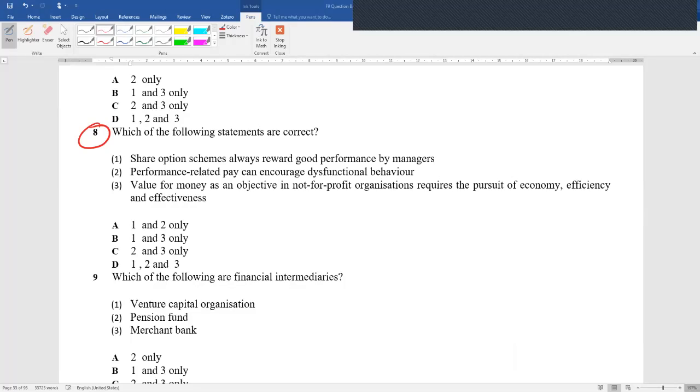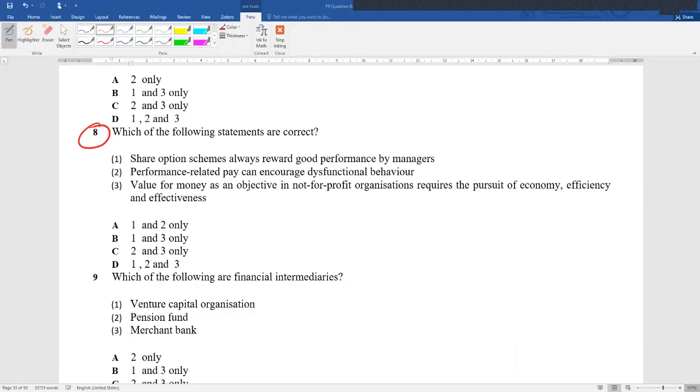Nafisa. Yes, I think it's B. You think it's B, 1 and 3. Okay. Collins, what do you think? I think it's B as well. Brian?